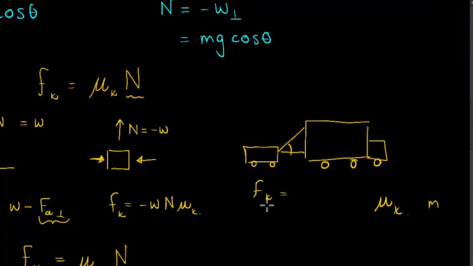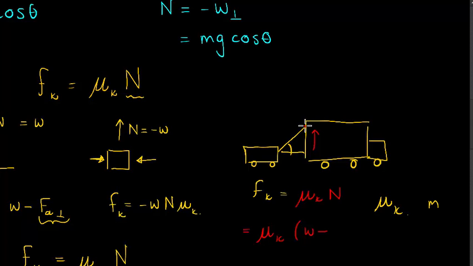We need to use this formula. That's definitely the formula for the frictional force. But the normal force in this case is not simply the weight. In this case it is the weight minus the force applied perpendicularly upwards.